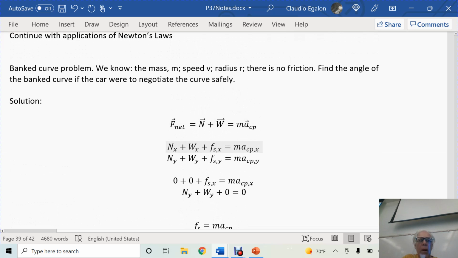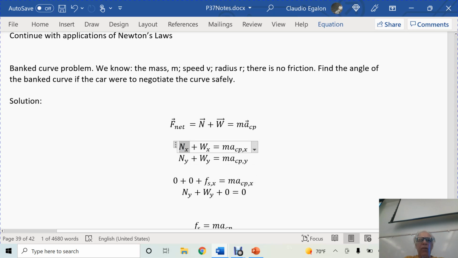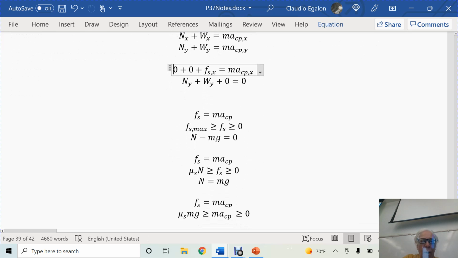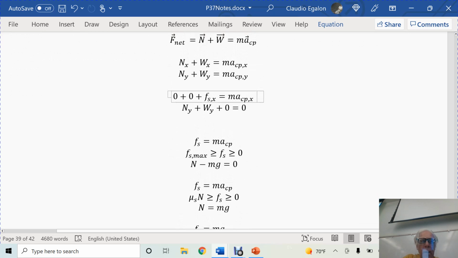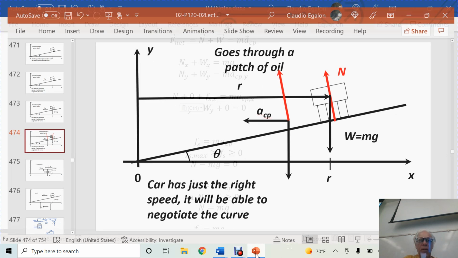We don't have friction, right? So I have to remove the friction term here. Now the normal has a horizontal component, and we're going to write that down as N, and you have to see if it's sine or cosine.